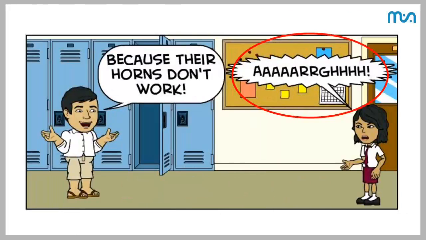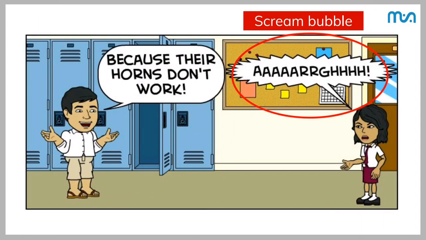And the last part, oh, by hearing his joke, she just screams. So that is a scream bubble. You can understand by looking at the bubble. Right? Do you have any confusions, children? Okay, fine.